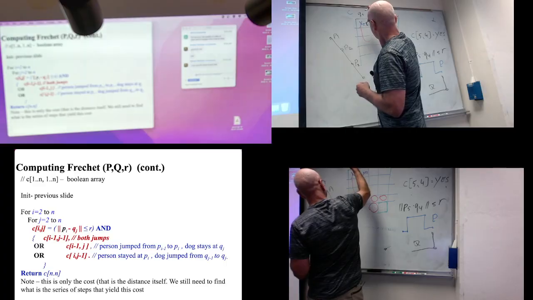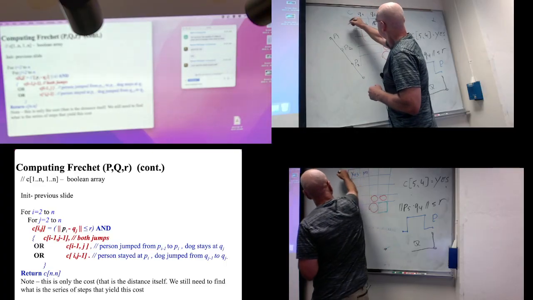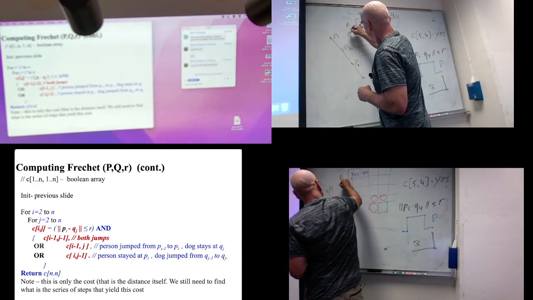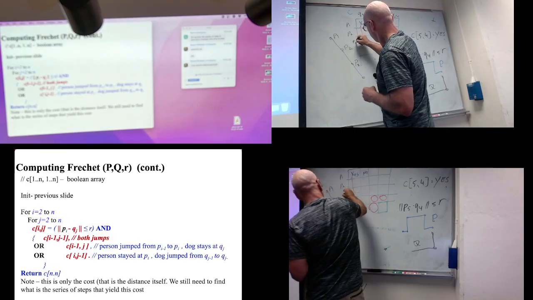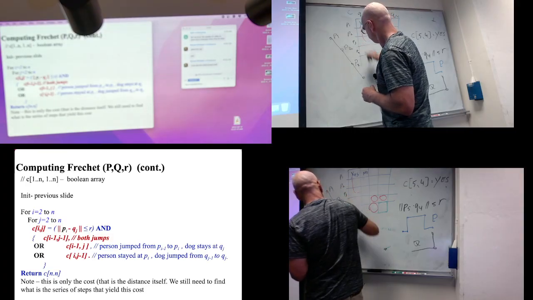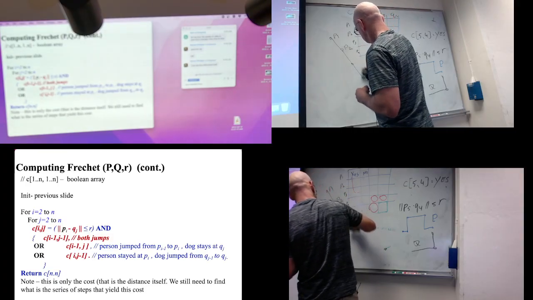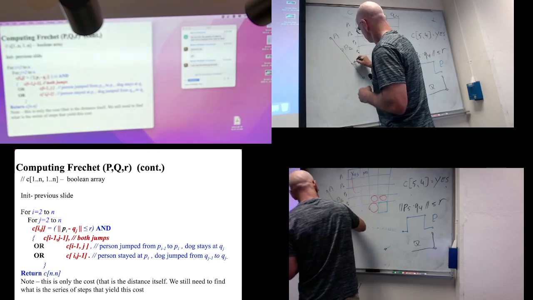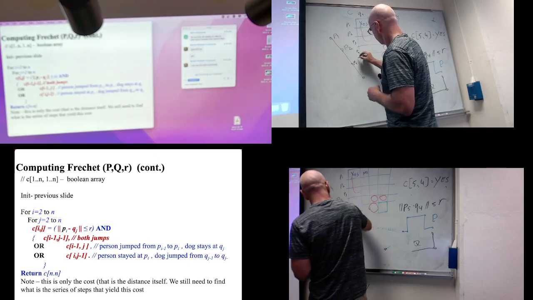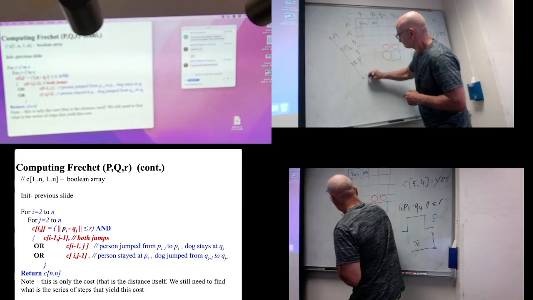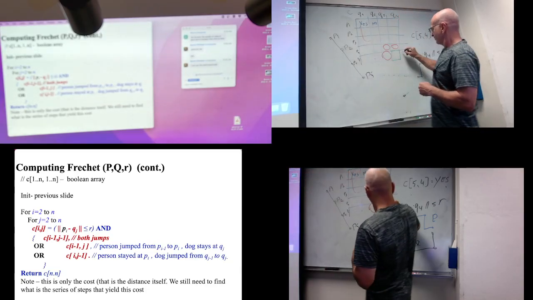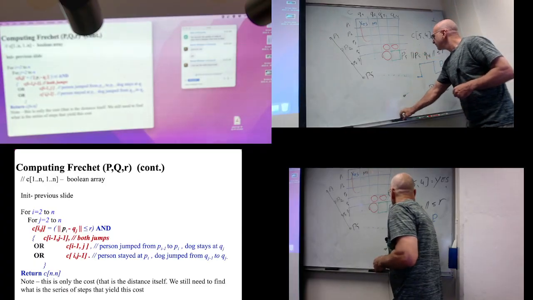So that would be P1, P2, P3, P4, the same P4 and P5. P5, this row is P5, sorry.